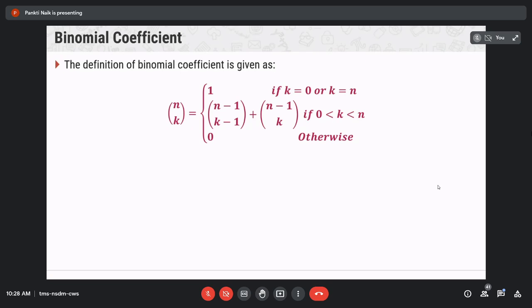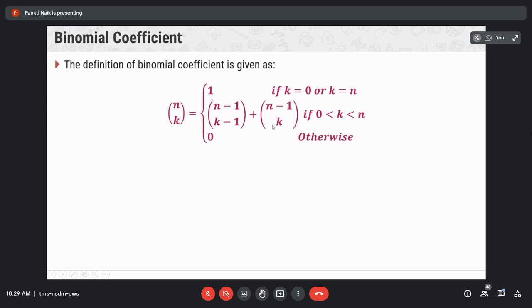Now, if the value of k is greater than 0 and less than n, then nCk is equal to n minus 1 C k minus 1 plus n minus 1 C k.